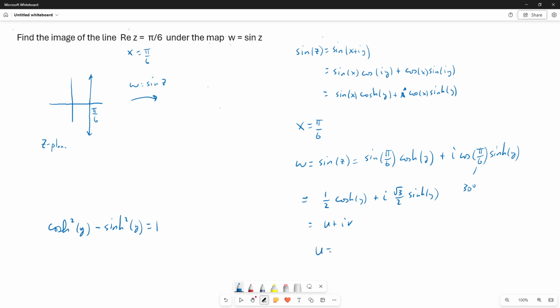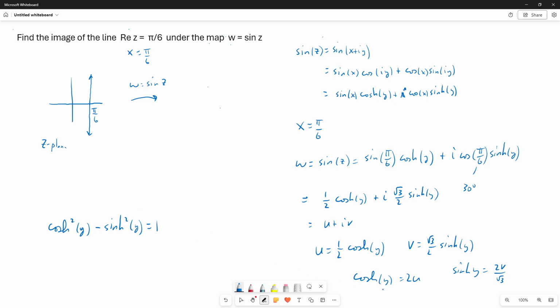So u is 1/2 cosh y, and v is root 3 over 2 sinh y. If we solve these for the hyperbolic functions themselves, cosh y is equal to 2u, and sinh y is equal to 2v over root 3. And we can plug those in here.